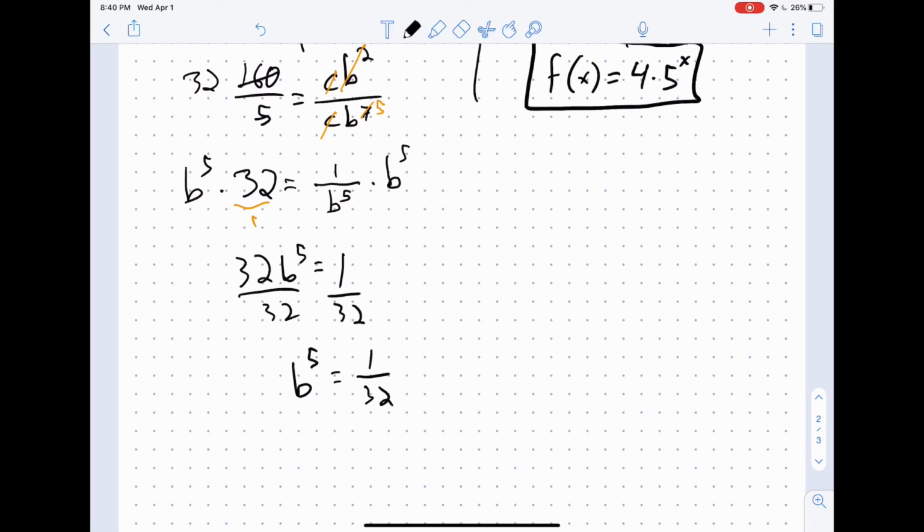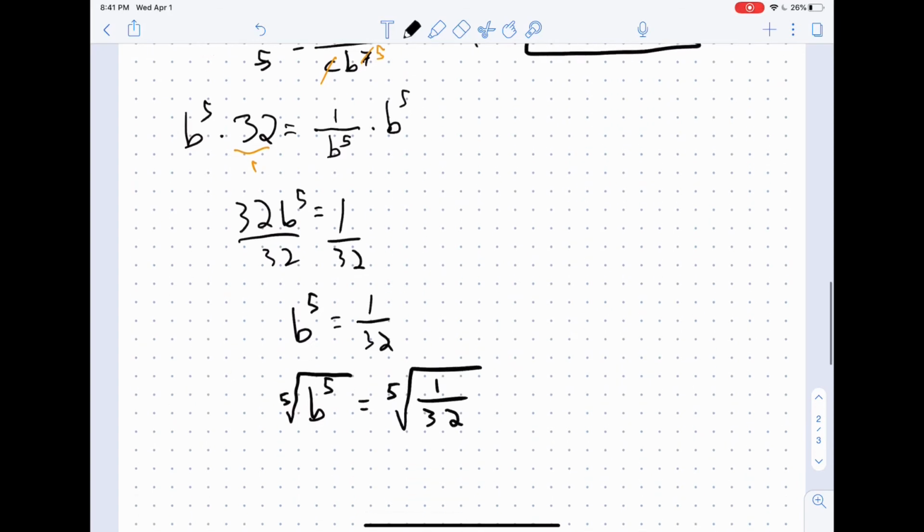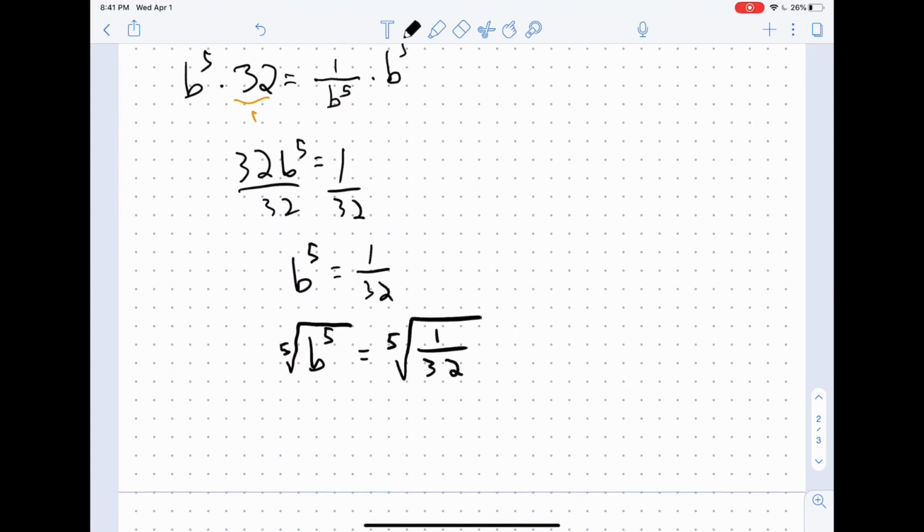And then the last thing to do is to get rid of that 5th power, and we can do that by taking the 5th root. So if we take that b to the 5th and we put a 5th root over it, then we get to do the same thing on this side, 5th root of 1 over 32. On the left-hand side, the 5th root of b to the 5th, they cancel out.